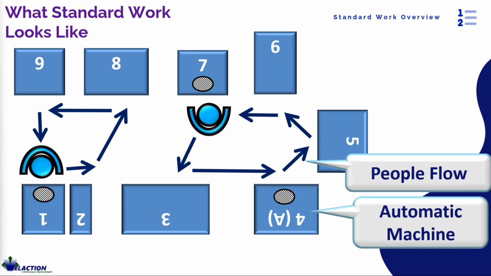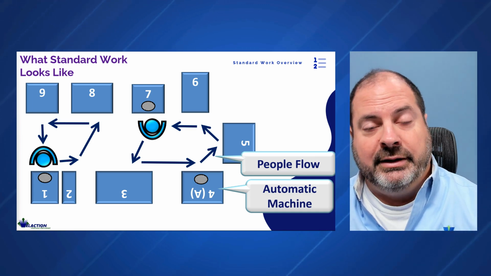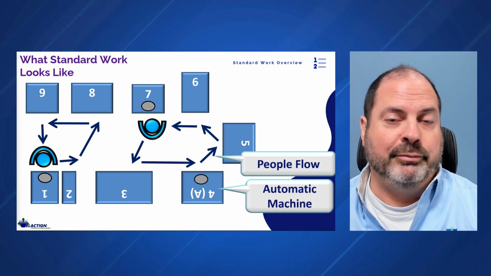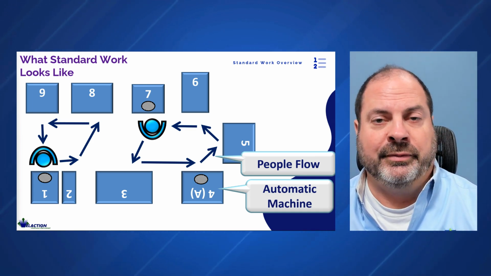Now, another thing you might notice here is the work is flowing counterclockwise. And the reason for that is most people are right-handed. So if you look at the operation of a person as they're walking, if you're walking past something, your right hand is always to the work, even when you're moving. So you can be doing something even as you're proceeding through your operation.